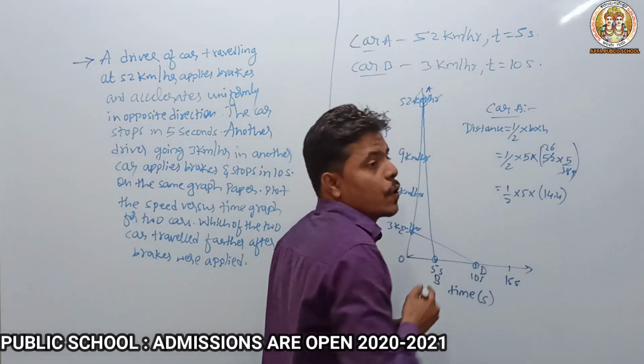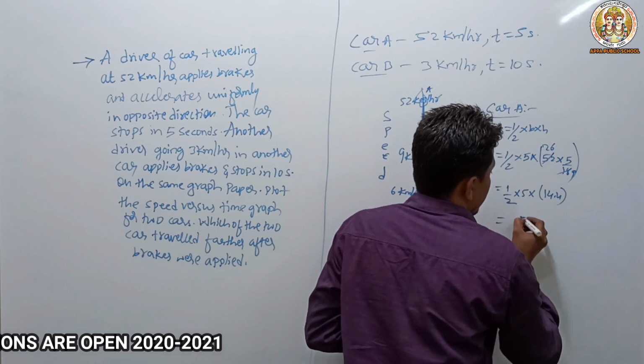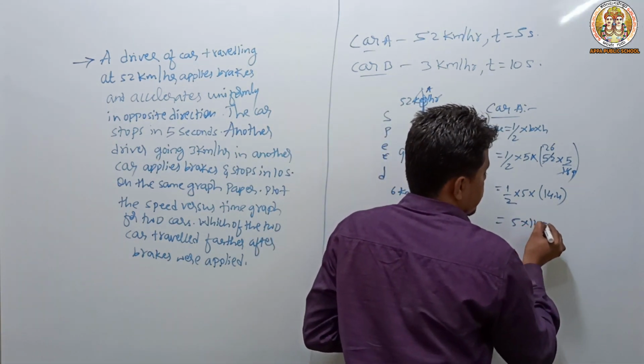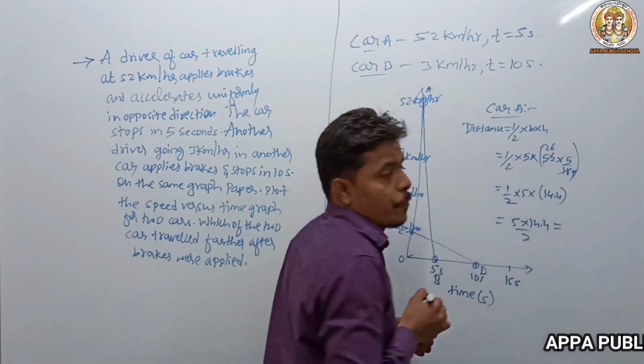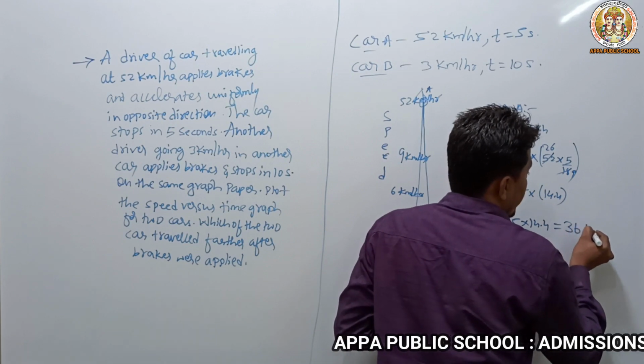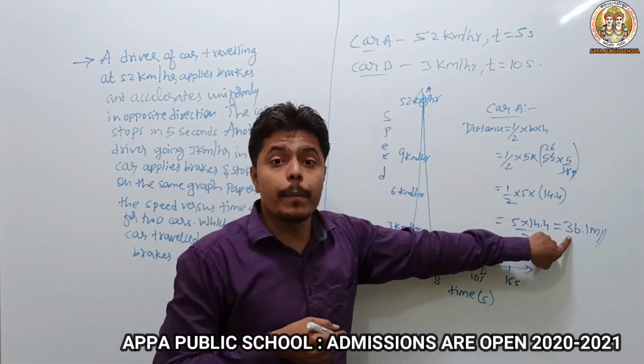So when you divide, this is 14.4. The final answer we will get is 36.1 meter. Okay, so this is the distance traveled by car.